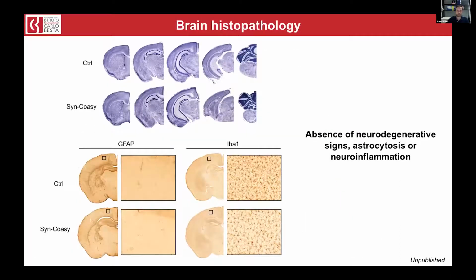Indeed, we didn't find any sign of neurodegeneration in the brain of knockout animals, and also a complete lack of other signs of brain pathology such as astrocytosis or neuroinflammation. Probably this is due to the short lifespan of the mouse, so the brain doesn't have the time to develop a neurodegeneration.